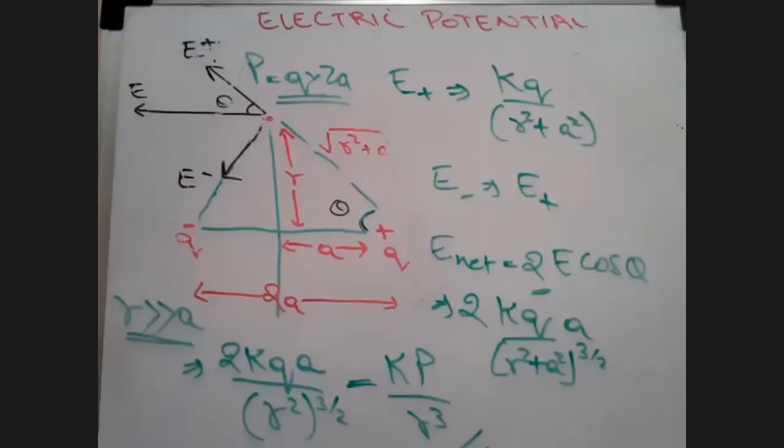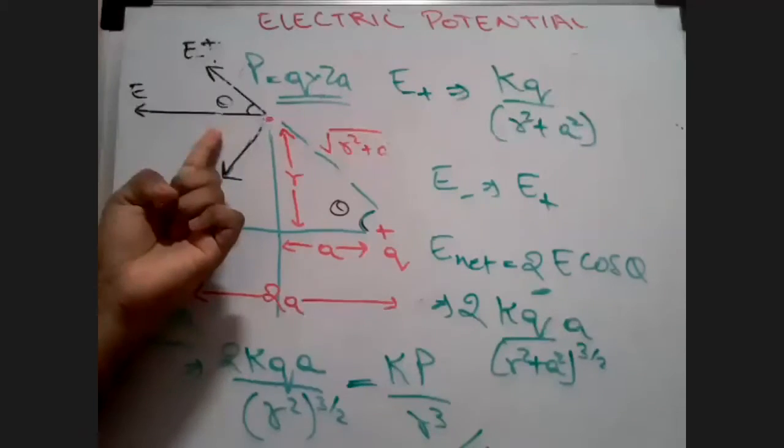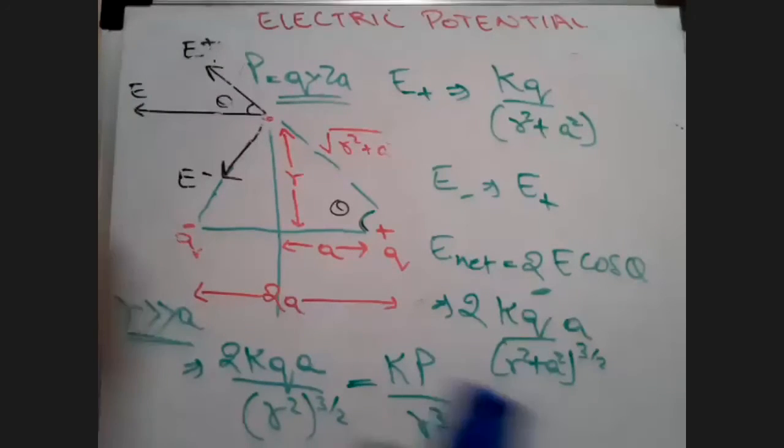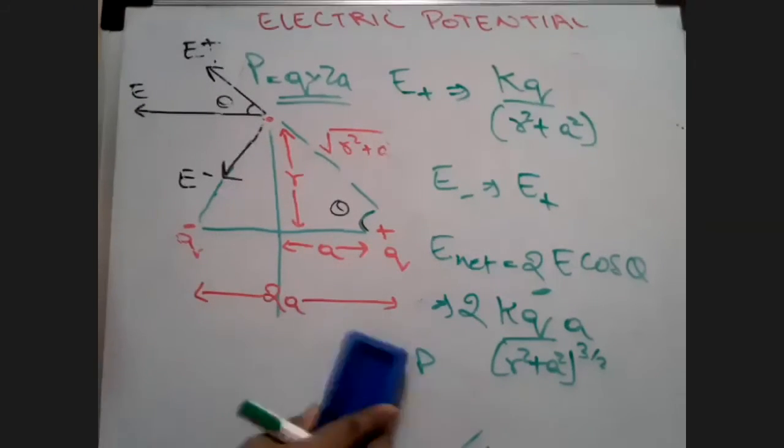You understood? Now of course E net is in which direction? Is it in the positive direction or negative direction? Negative. Now see, this is the important thing. Very important concept here.